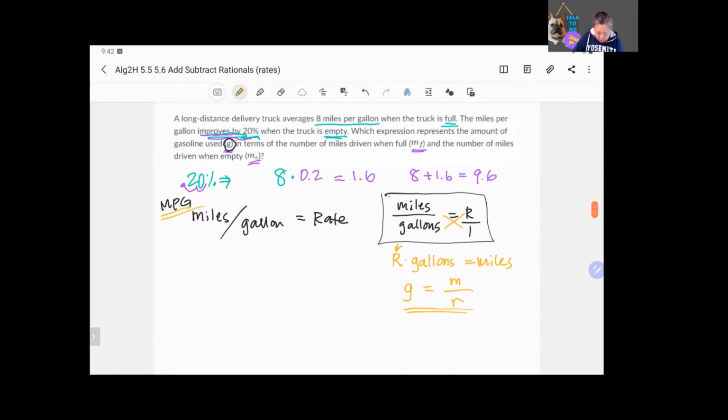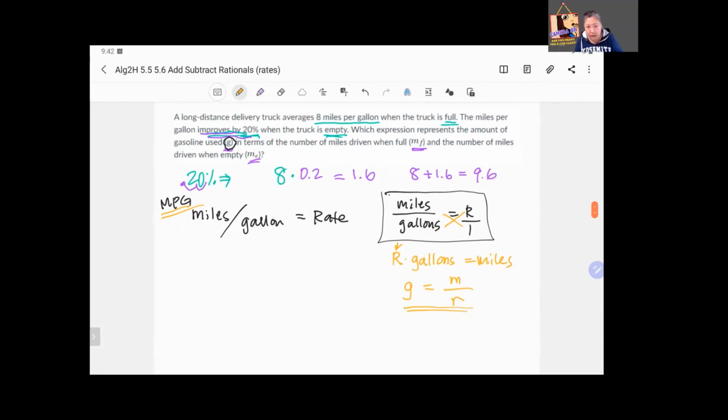But here, what we are further given is that it has a different mileage rate with the truck fully loaded and with the truck empty. So the total gallons should include both situations together.